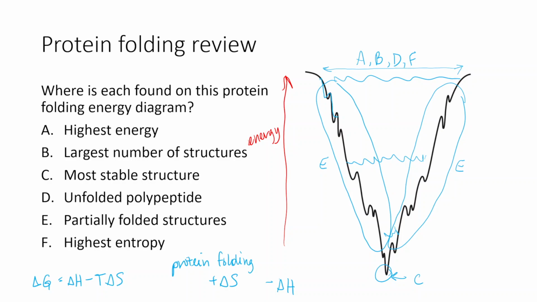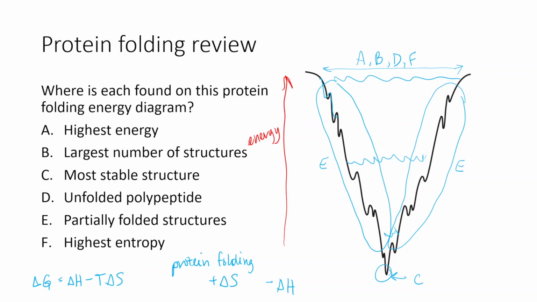If you have a negative delta H, you want to minimize the contribution of that positive delta S. So at low temperatures this is going to be favorable, so proteins are going to want to fold at low temperatures. On the other hand, because you have a positive delta S, a high temperature is going to make that term more favorable, and so you'll get an unfolding of proteins.